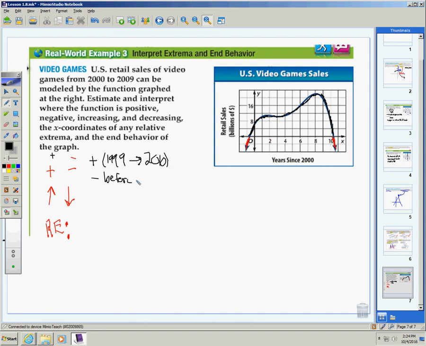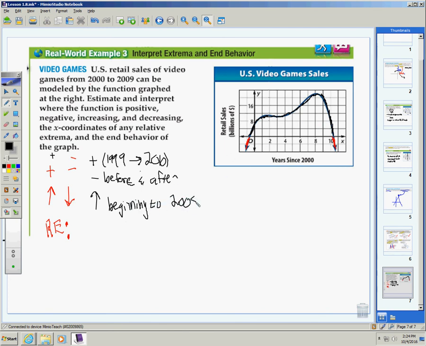And then where is it increasing? Well, it's going up from the beginning to about 2008. And then it's decreasing after 2008.